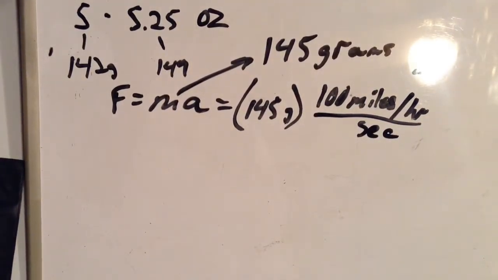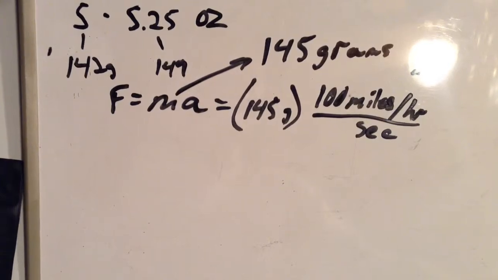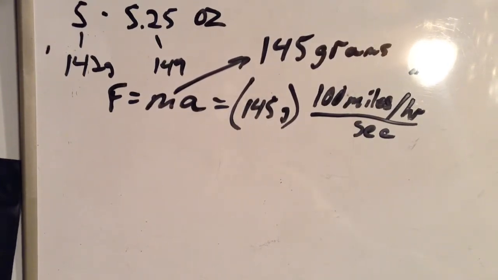We'll have to use a few conversion factors to get these units the way we want them. The metric system is about the only system we know anymore when we're doing physics.